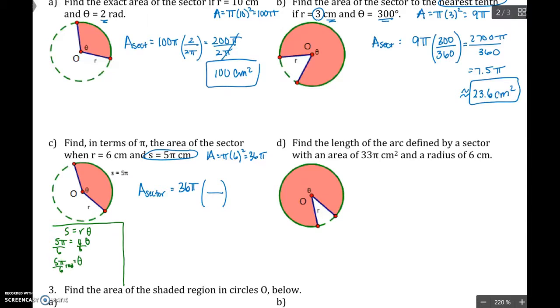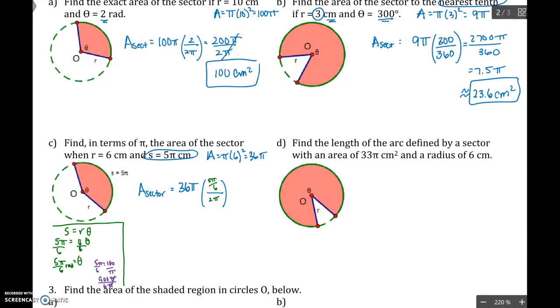Okay, so I can put that 5 pi over 6 out of 2 pi because it's radians, or if I wanted to convert that 5 pi over 6 into degrees, I could do that also. So I could take the 5 pi over 6 and multiply by 180 over pi. 5 times 180 is 900, so this becomes 900 pi over 6 pi.